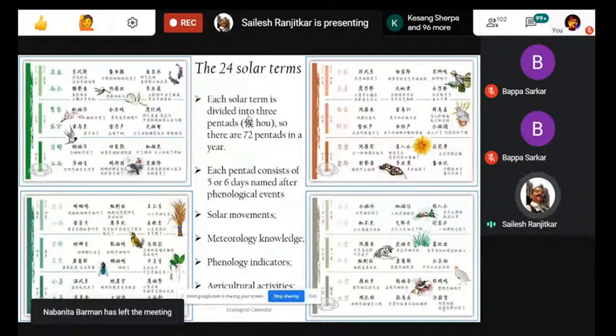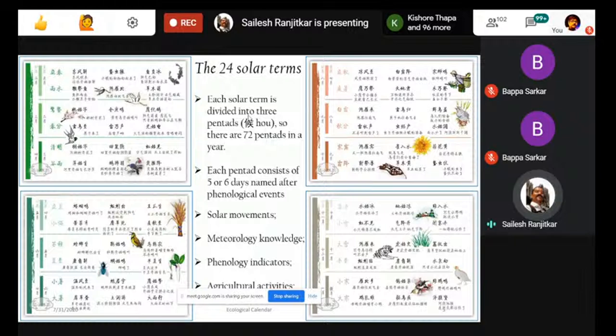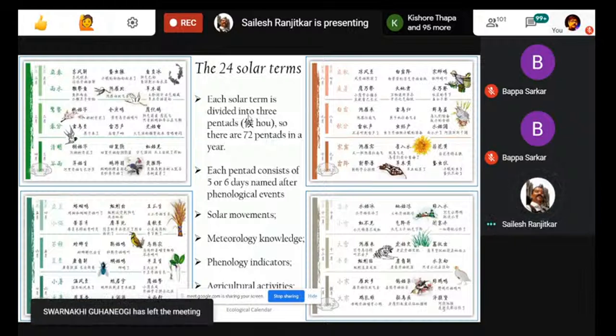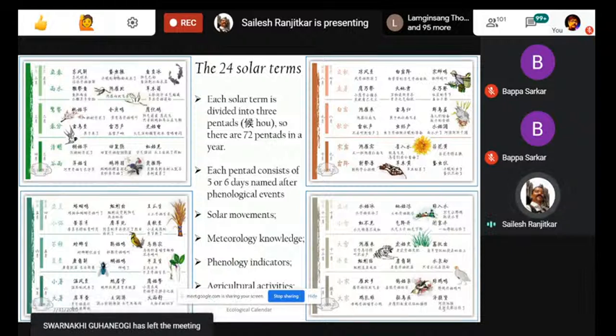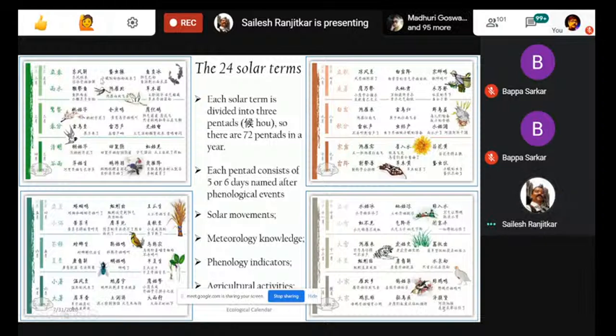These are included here. Then solar movement is included. Meteorological knowledge is included here. Then the agriculture activities are here. So if you check the left corner here, talking about the spring, they started by mentioning the melting of the ice layer in the frozen lake and the reappearance of fish.